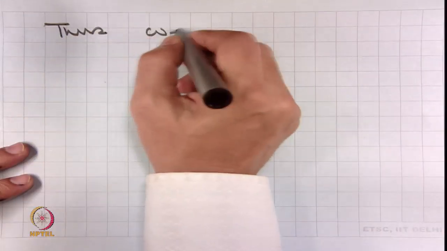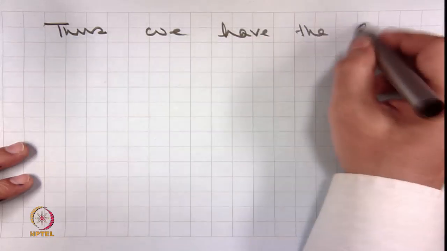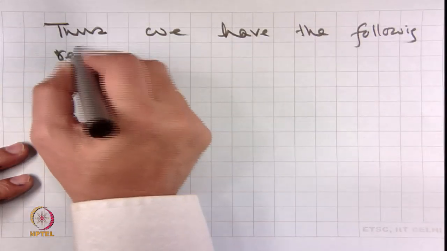Thus, we have the following relation matrix.